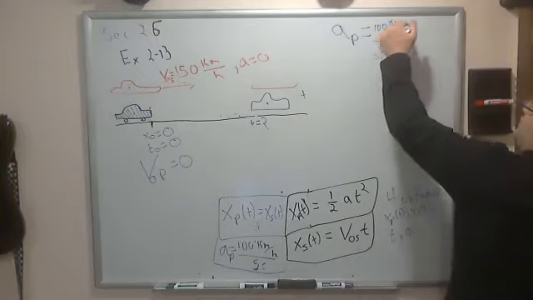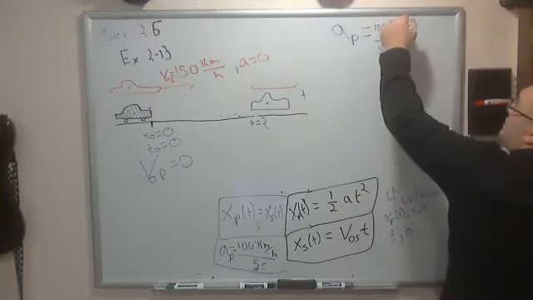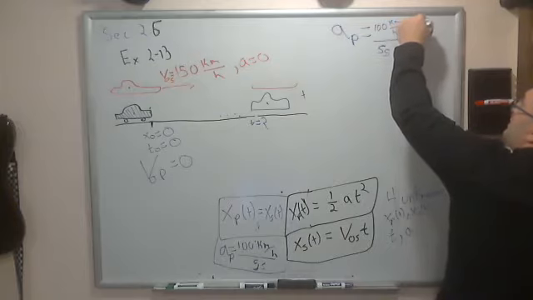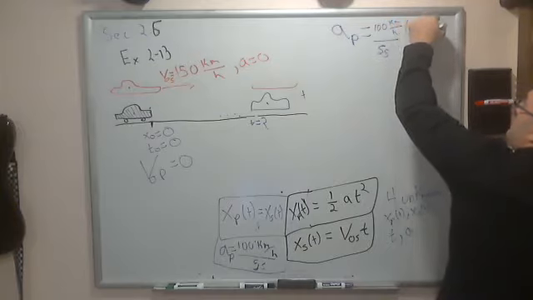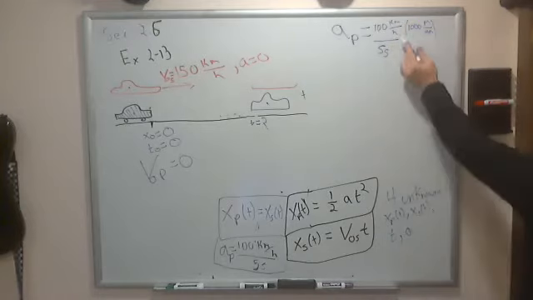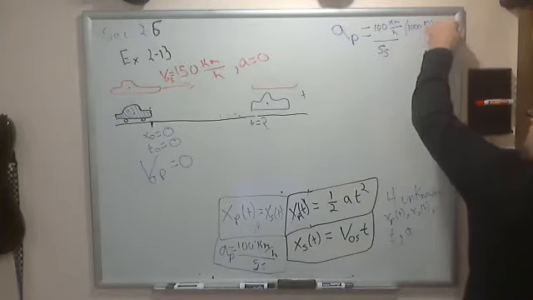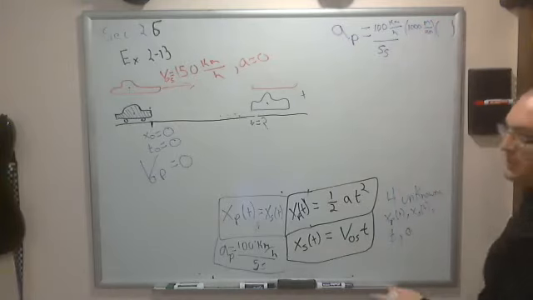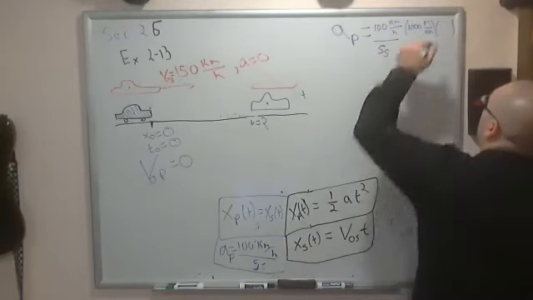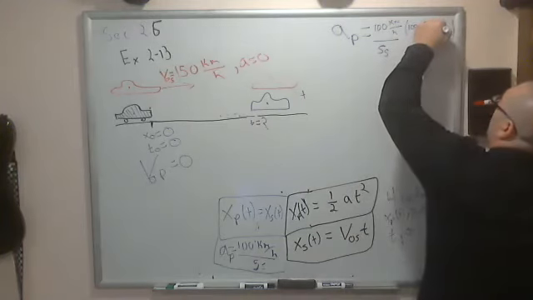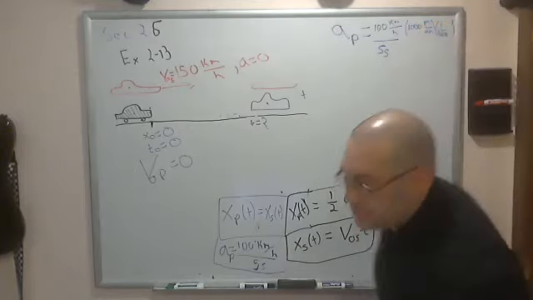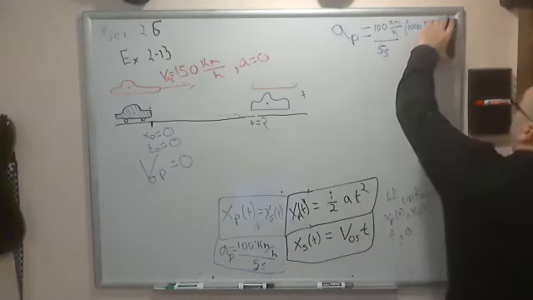First, let's convert kilometers into meters. So we multiply by 1,000 meters per kilometer, right? That's our conversion. And then we have to convert hours into seconds. So 60 seconds in a minute, and 60 minutes in an hour. So we end up getting 136. I'm sorry for writing so small. I'm running out of space here.